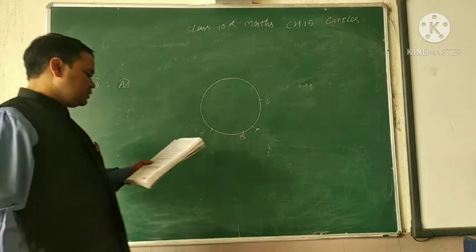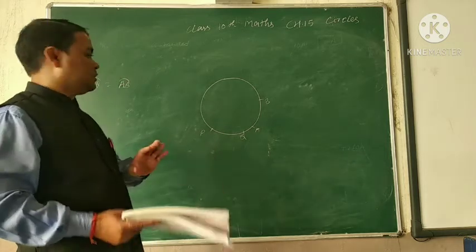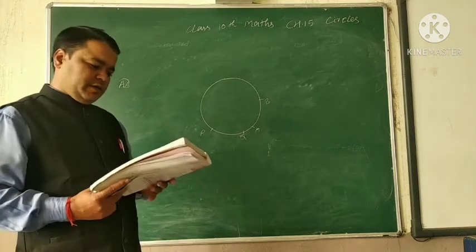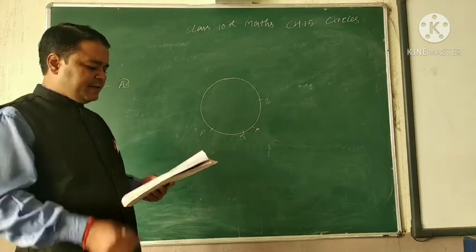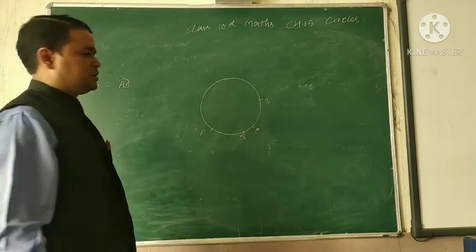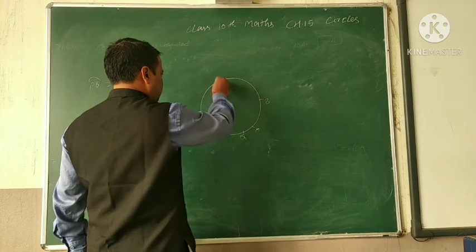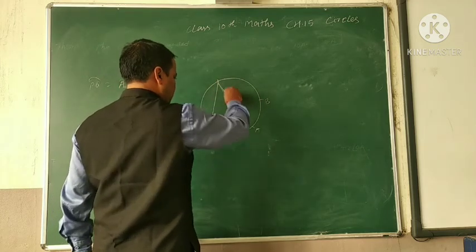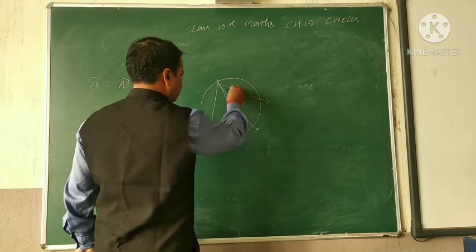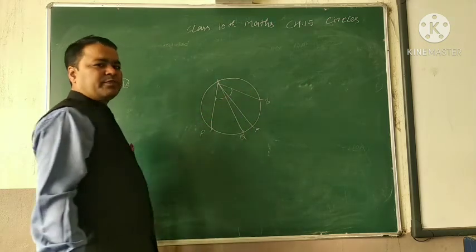Then, according to the condition, equal arcs of a circle, this arc and this arc are equal, subtend equal angles at any point on the remaining part of the circle. So this is the point. Then this angle and this angle will be equal.